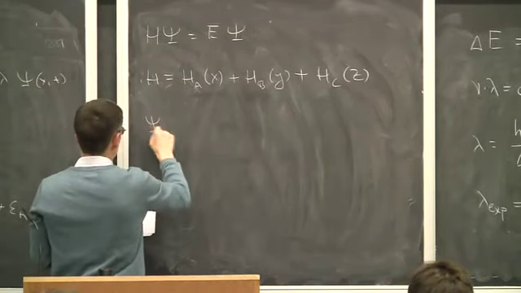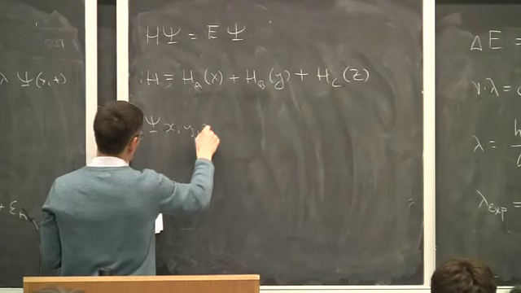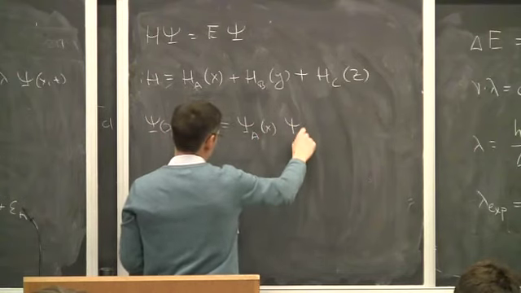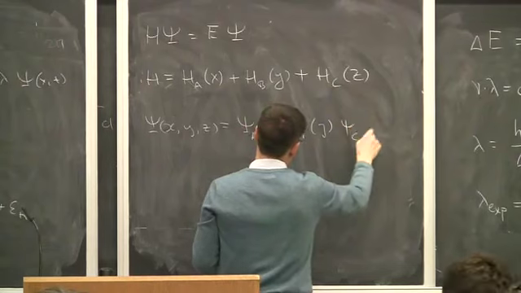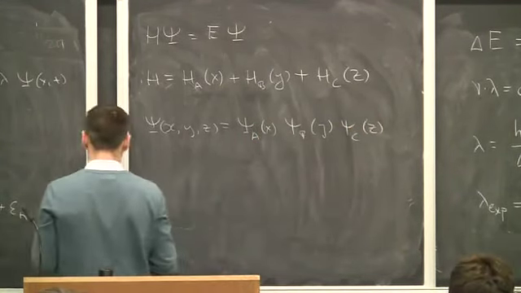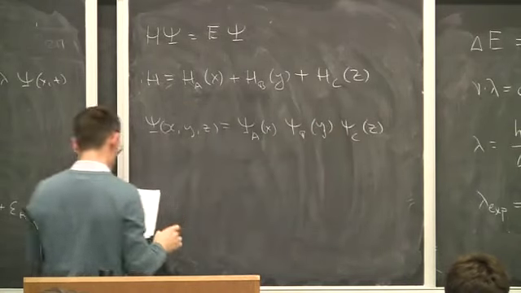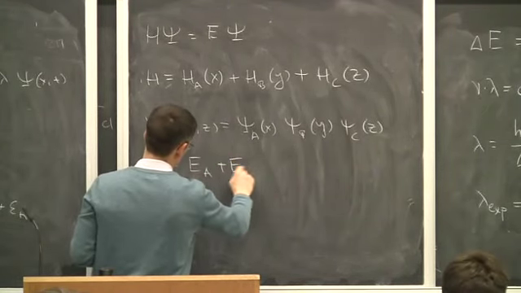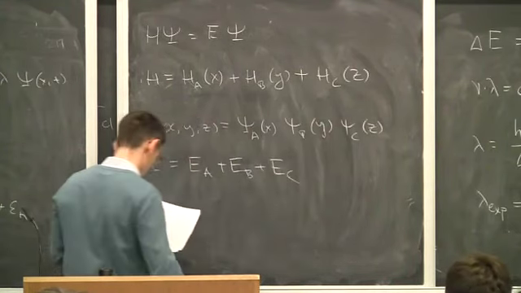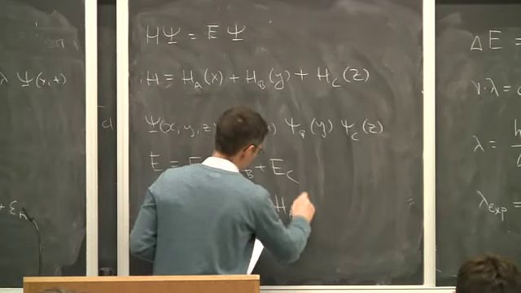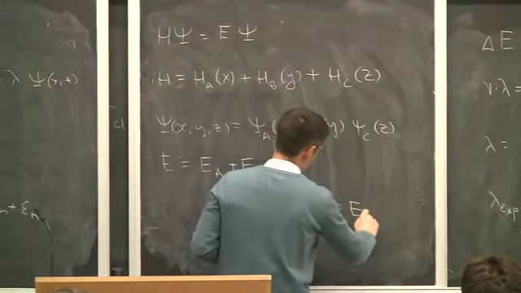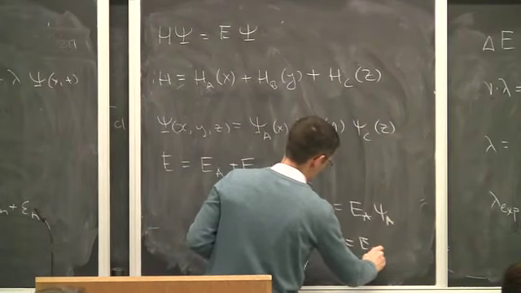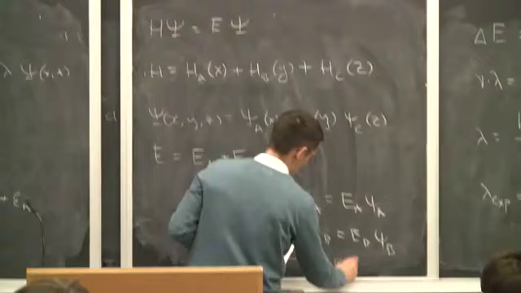And then the wave function that depends on all three dimensions is just a product of wave functions for individual dimensions, and the energy is a sum, and the same thing for C.